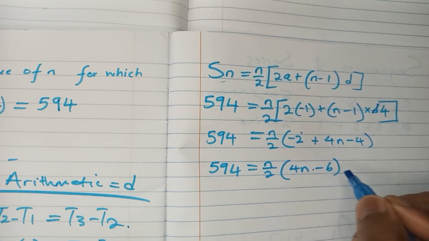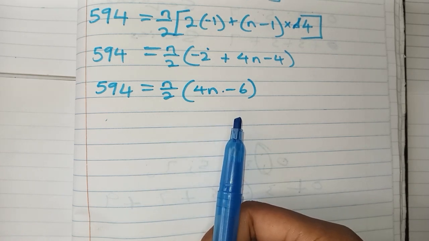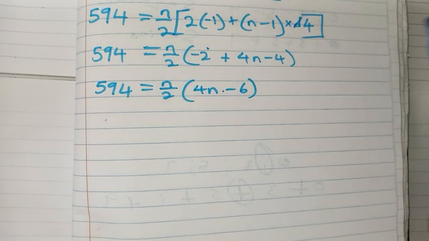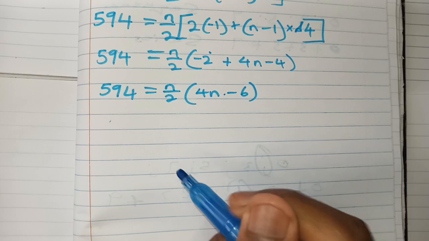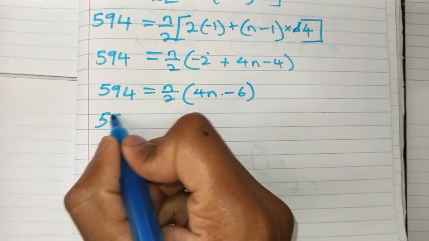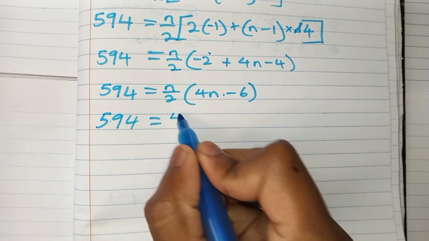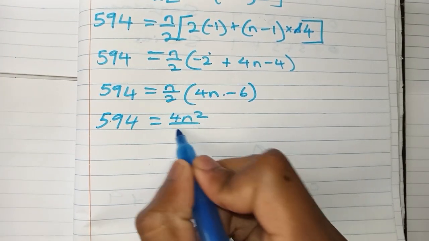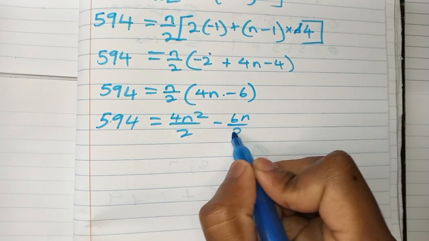Minus 6. Now we are going to simplify this, and if you have been with us in the algebra series, you probably know that this is nothing complicated. It is very simple, right? So let us continue. We are going to say 594 is equal to 4n squared over 2 minus 6n over 2, right?